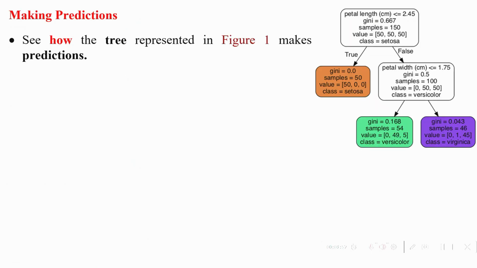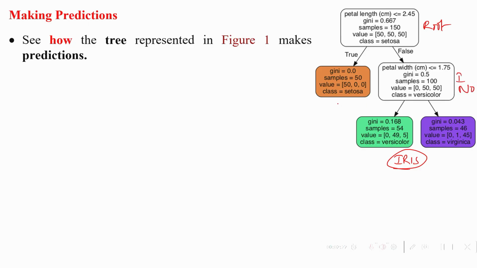Now, this is about the decision tree. In the previous video, we discussed how to construct the decision tree and how to visualize it. Based on that experiment, we got this type of tree structure, which is the decision tree representation of the iris flower dataset. It contains petal length at the root node, and this is a sub node or intermediate node.